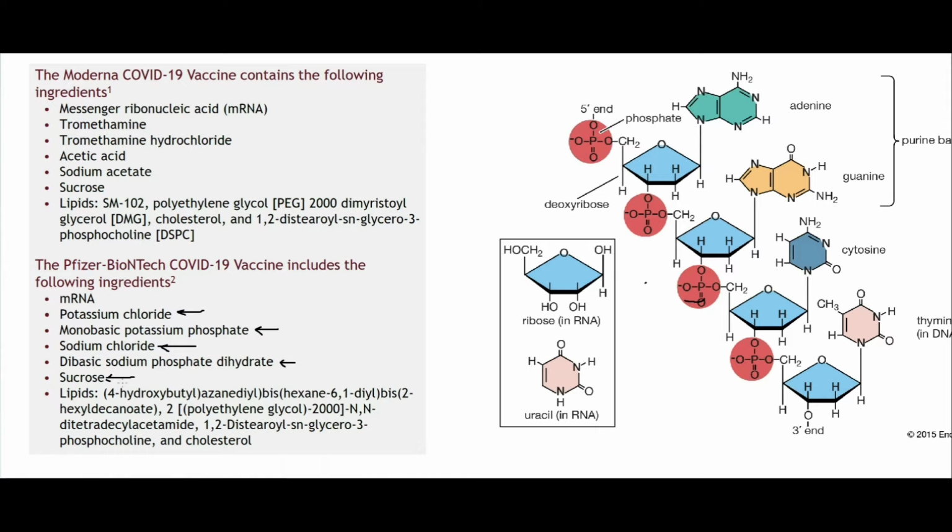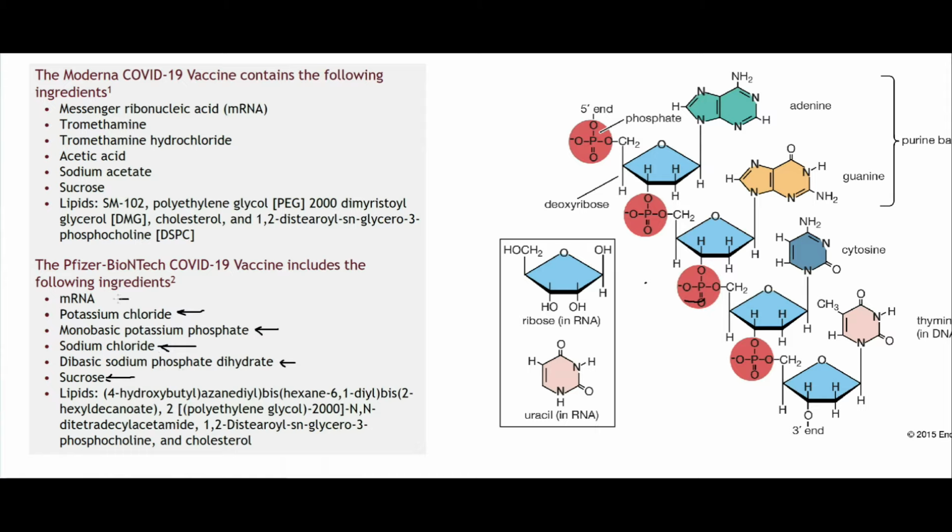These vaccines are stored at very low temperatures, and when you decrease the temperature like that, it causes crystals to form, and that can damage the lipid nanoparticles that these vaccines are composed of. Sucrose helps prevent that crystal formation so that it does not damage the lipid nanoparticles.